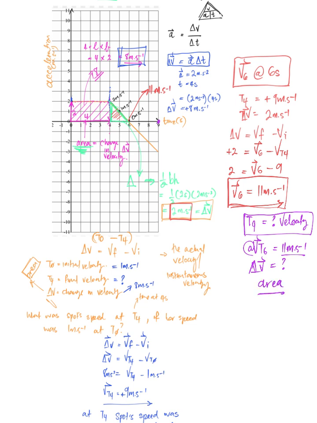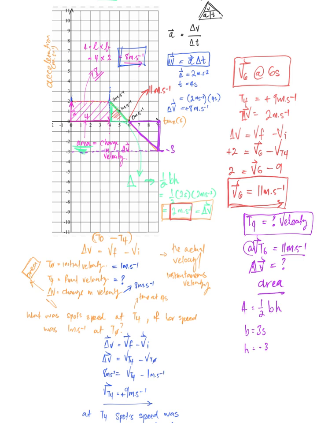So let's have a look at this triangle. Triangle goes there and there. Right, so area is equal to half base times height. The base in this situation is from 6 to 9, which is 3 seconds. But the height is different because the height goes from 0 along the y-axis to -3.